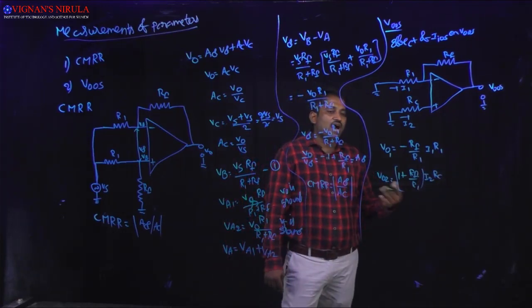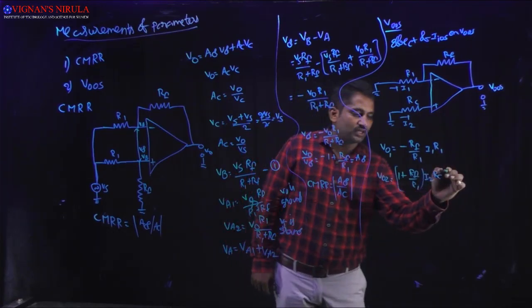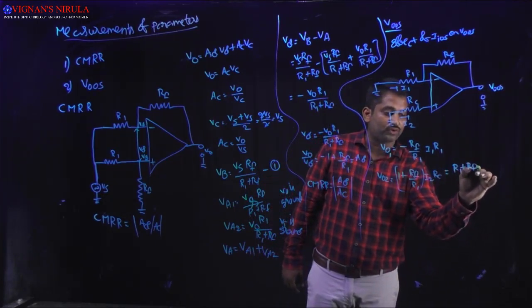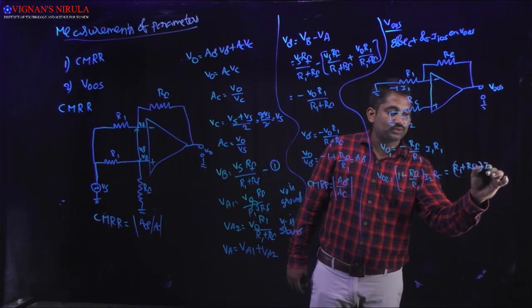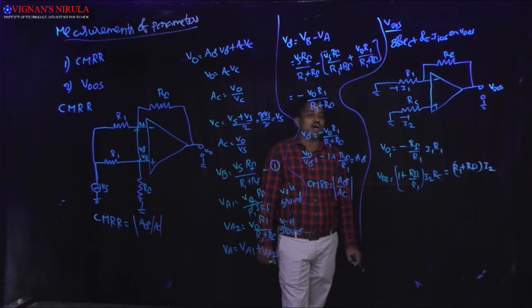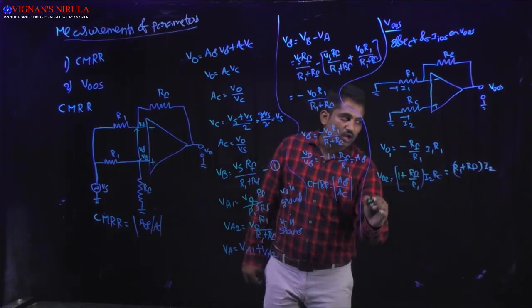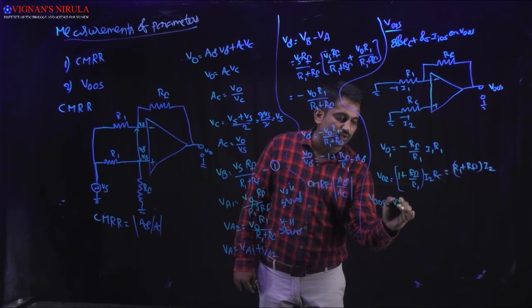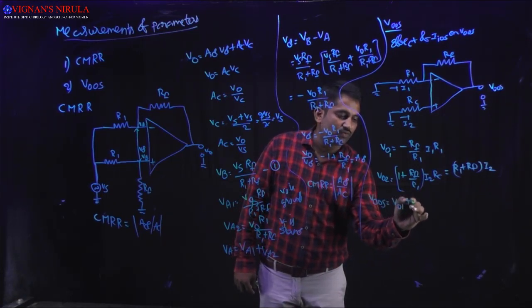Now keep R1 equal to RC, then we get R1 plus RF into I2. And V01 is equal to minus RF by R1 into I1 into R1. Now the total output voltage, which is the output offset voltage, is equal to V01 plus V02.